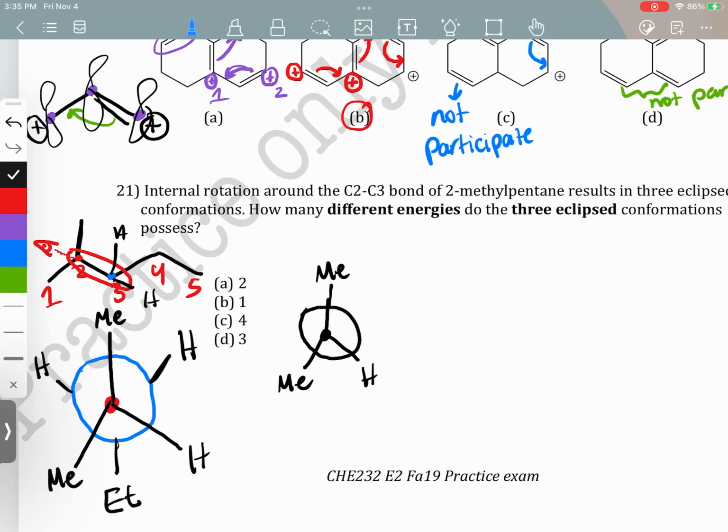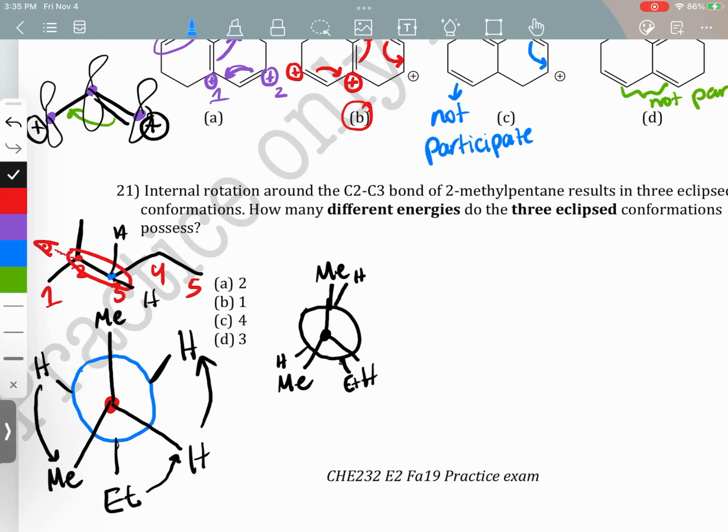What's closer to what? The ethyl will be closer to the methyl on top. So we're going to rotate it like this first. What happens is they start getting close. The hydrogen will be close to that methyl up there. This ethyl will be closer to this hydrogen down here. And this hydrogen would be closer to the methyl down here like this.